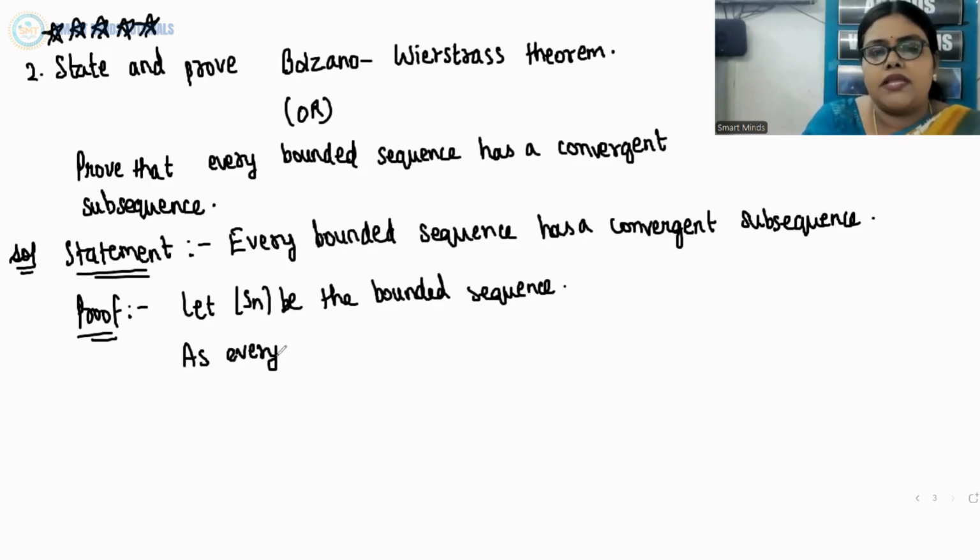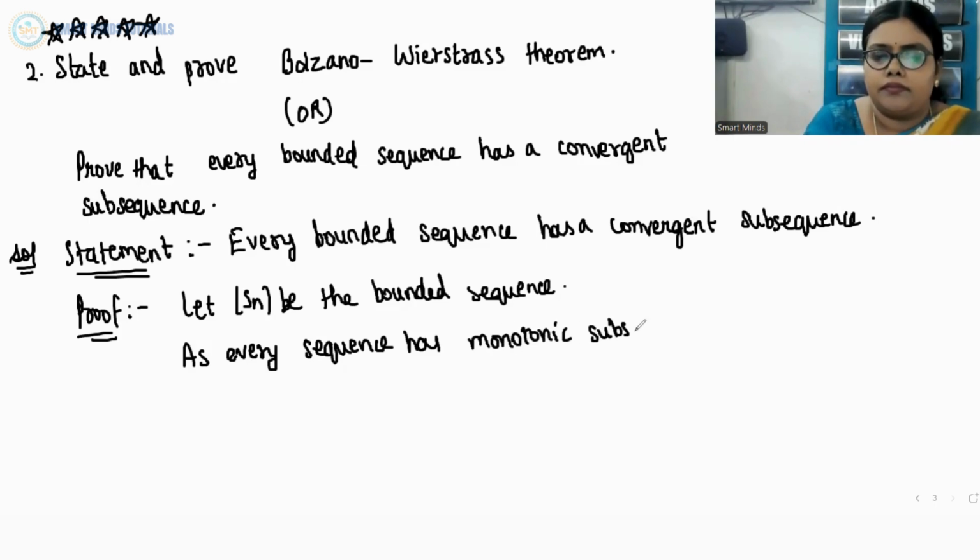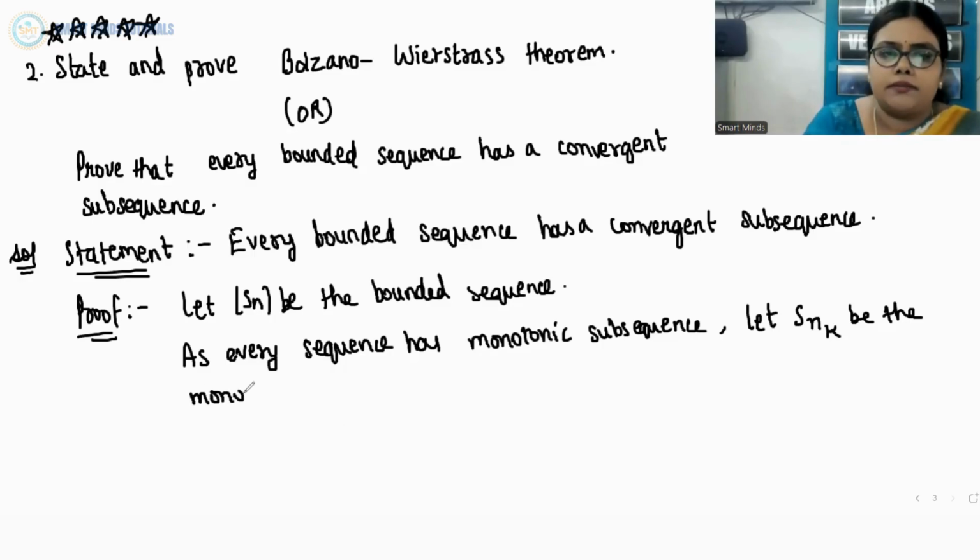As every sequence has a monotonic subsequence, like in the last theorem we have proved that every sequence has a monotonic subsequence, then let us say Snk. Subsequences we always denote this way. Let Snk be the monotonic subsequence of Sn.